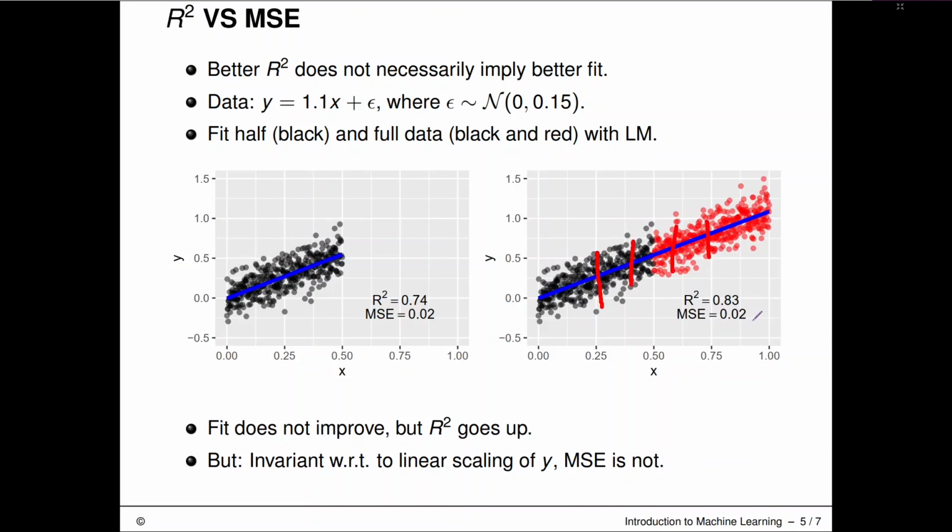You can also see that the MSE is exactly the same. It's still 0.02, which is nearly exactly the amount of standard deviation that my Gaussian error produces that I'm adding to the linear model. So the MSE measurement captures that quite well. But the R-squared has now actually increased.